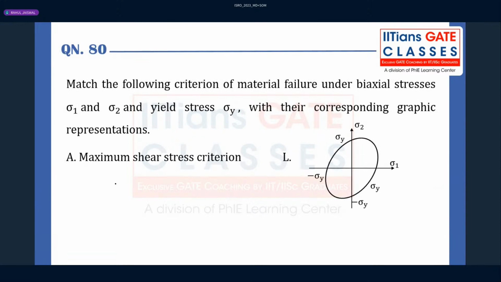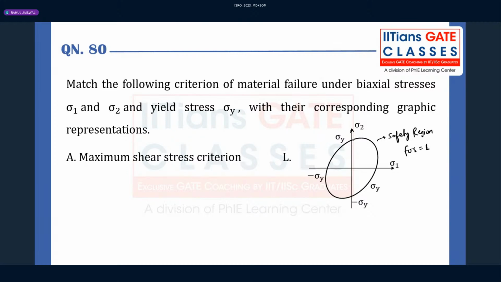Now, in this theories of failure question, this particular graph is a failure graph. This curve what they are giving is a safety region. And we generally plot this graph for factor of safety equal to 1. Every theory of failure gives some safety region.